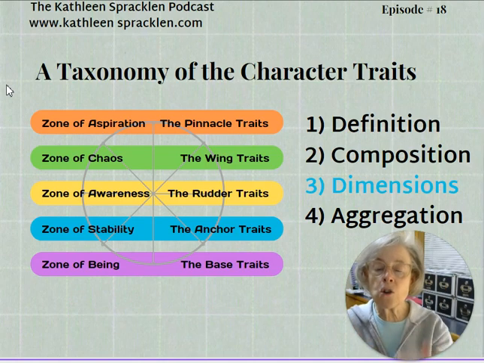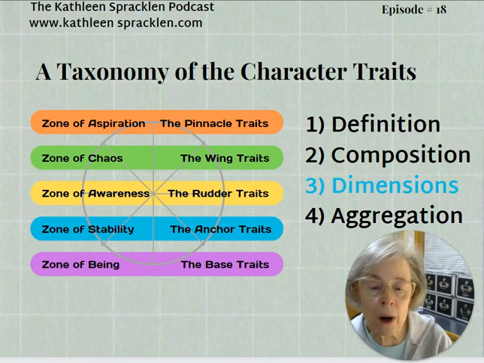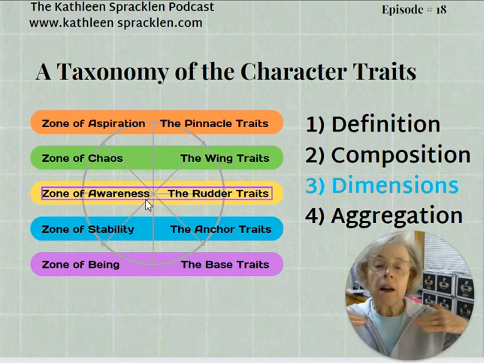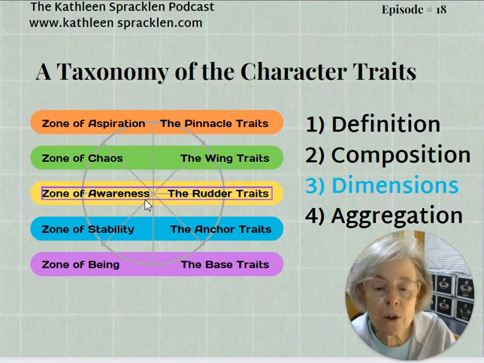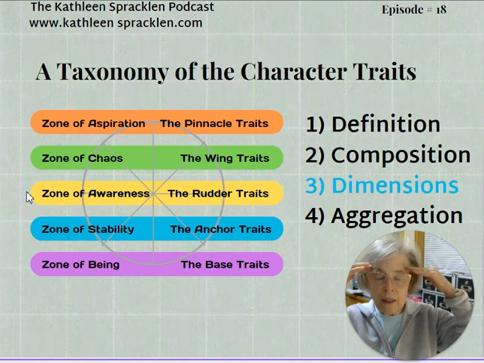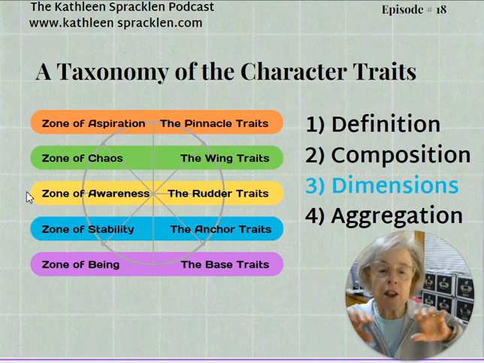These are the various zones of awareness. The most central zone of awareness, the one that's called the zone of awareness right here, involves what I call the rudder traits.